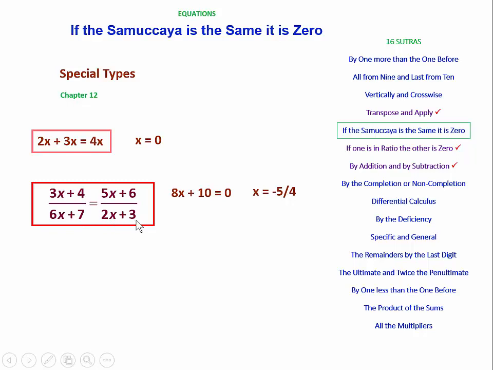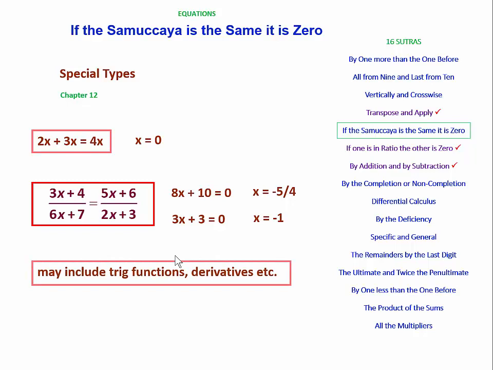The difference is 3x plus 3, and therefore 3x plus 3 is 0, and x is minus 1. And as I showed in a paper from a couple of years ago on THG's special cases, this type of equation also applies where we've got trig functions involved and derivatives and so on.